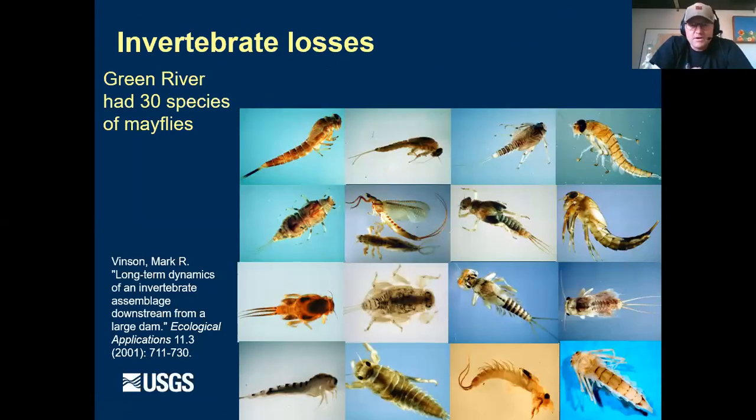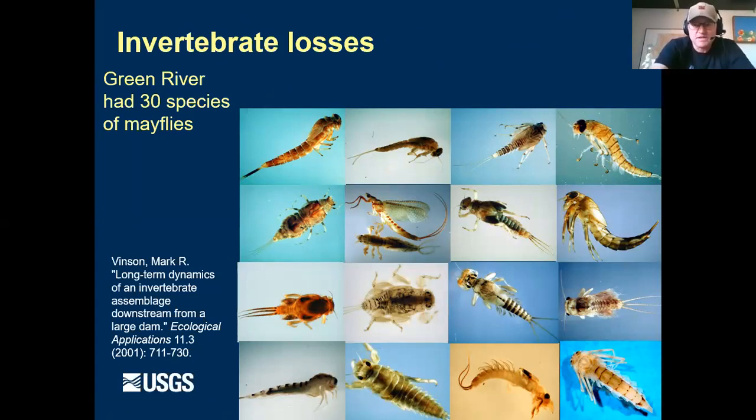We don't have good records of the species that were present in Grand Canyon prior to the dam. But a guy named Mark Vincent has reconstructed what happened to invertebrate assemblages downstream of Flaming Gorge Dam. He went into different museum collections and was able to determine that at Flaming Gorge there used to be 30 different species of mayflies.